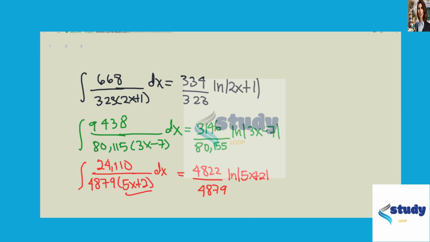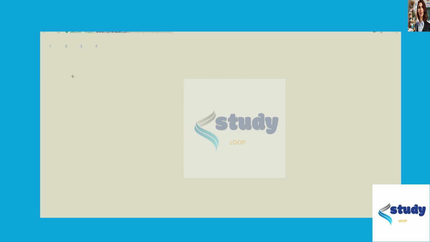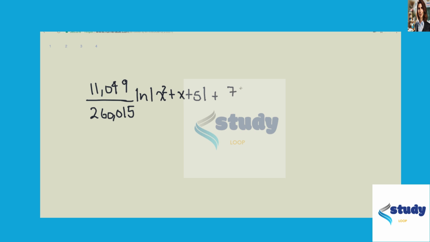So let me go to the next page to write that. So our final answer. After we write this down, we'll go back to Wolfram, to the computer algebra system, and we'll see if there are any differences in how our final answers look.